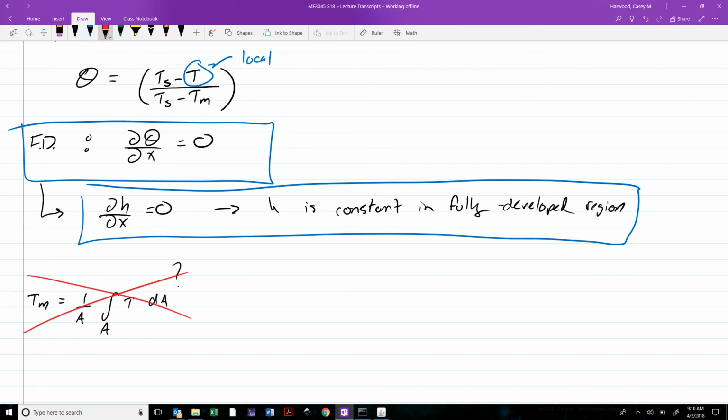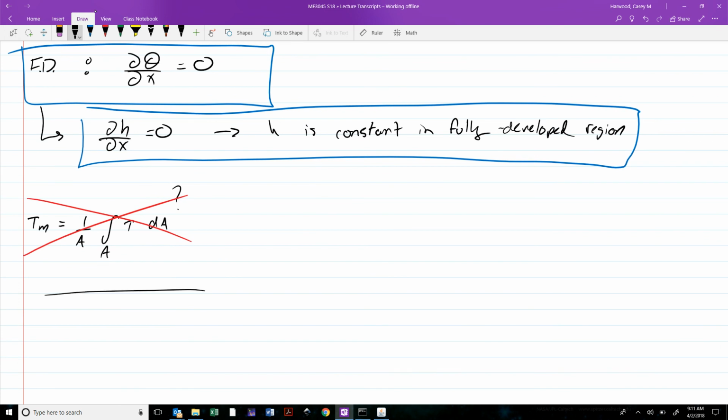The idea here is we don't want just an algebraic mean of the temperature. What we're concerned with is finding a temperature that, if carried across a control surface by the mean velocity, U sub m, will represent the same amount of thermal energy flowing across that control surface as the actual flow.